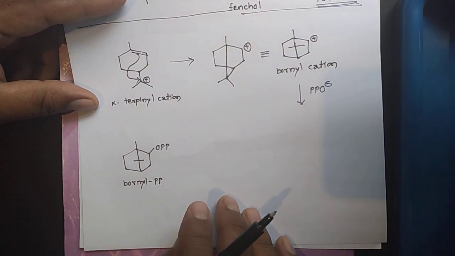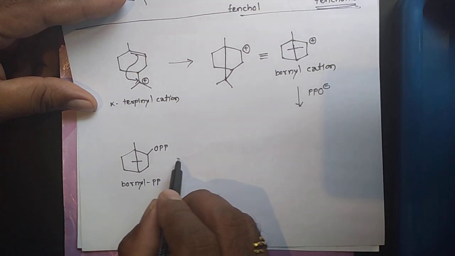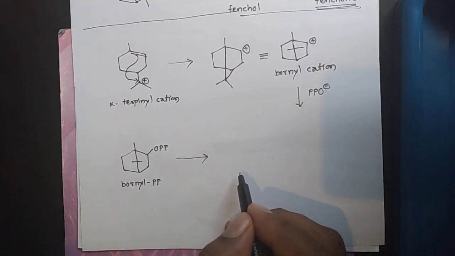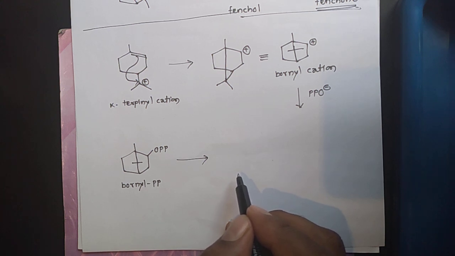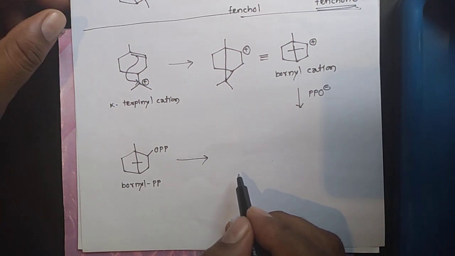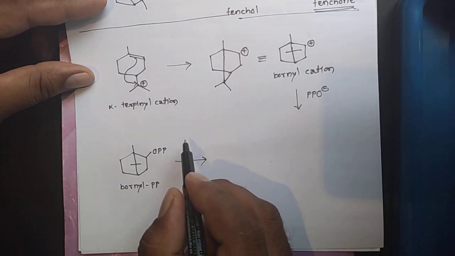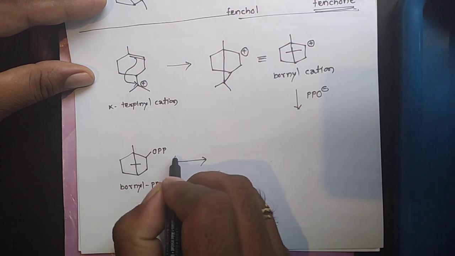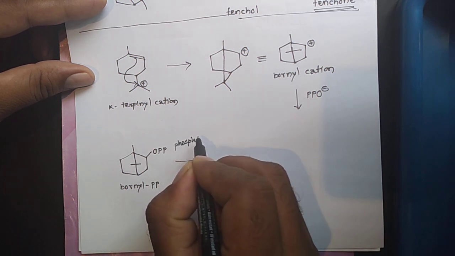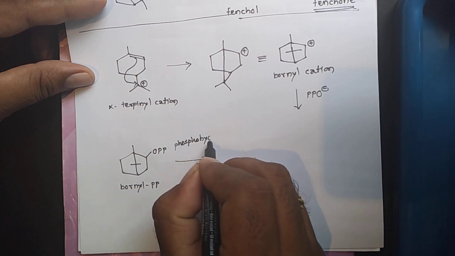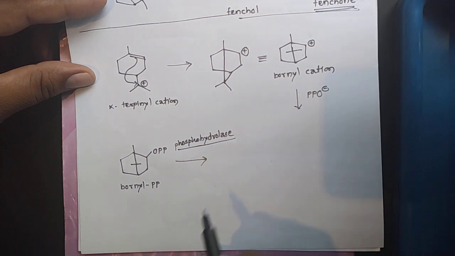From this Bornyl PP, if we have used phosphohydrolase, this PP will go out. These are actually enzymes.